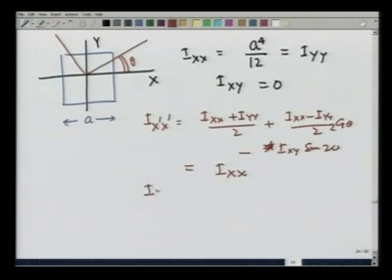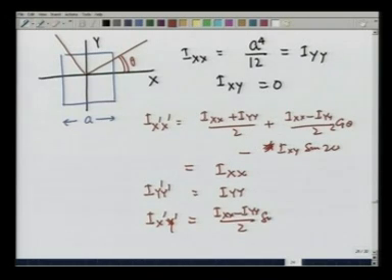Similarly, I_y' is going to be equal to I_yy, and I_x'y' is equal to (I_xx minus I_yy) divided by 2 sine 2 theta plus I_xy cosine 2 theta. This is always going to come out to be 0, no matter how much you rotate the axis by.